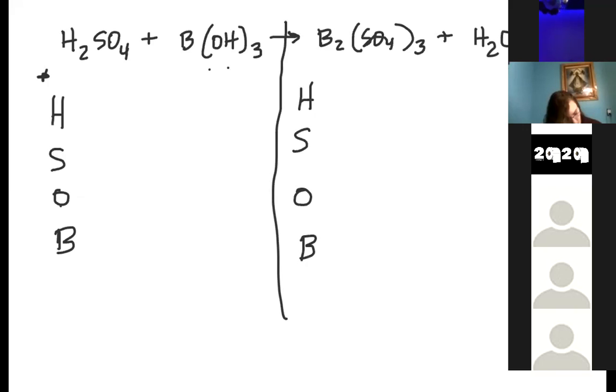Now I'm going to go here, and again, my coefficients are right here, right here, right here, right here. And right now, what is the number in the coefficient, Nisi? 1. So when I go to the H's, I have a 1 times the 2, which gives me 2 H's. 1 times 1 sulfur gives me 1 sulfur. 1 times 4 oxygen gives me 4 oxygen. Then I go to the other compound: 1 times 1 boron gives me 1 boron.